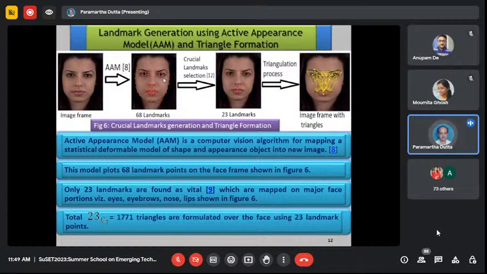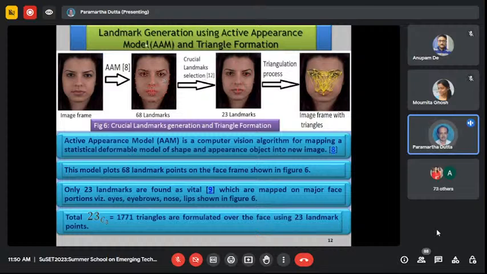Irrespective of whose facial expression is under consideration, what AAM, the active appearance model, could establish is that the 68 landmark points are salient points which may be used for this purpose, and they are independent of the specific person whose face is being represented. So that is the essence of active appearance model.